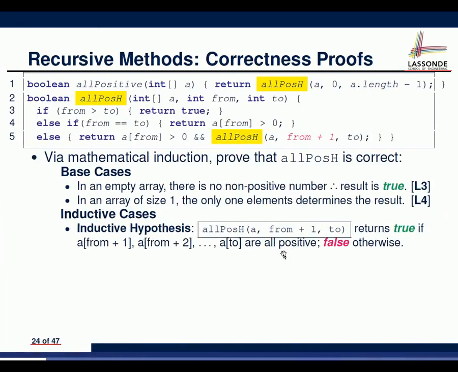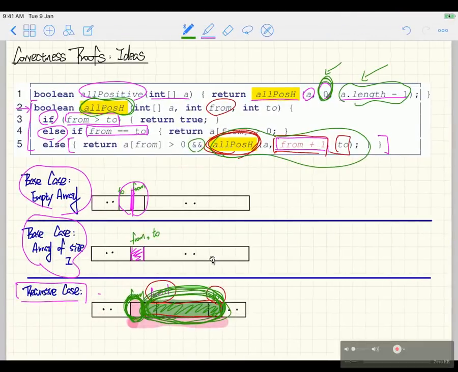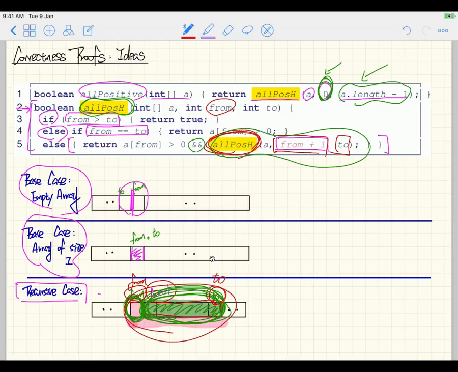Okay, you will see the proof in the slides. So now, when we got an array, let's say from to 2, right? So that's basically the array like here. Thinking this way, this is from, and this is 2. When we have this entire array to cover, all the numbers will be positive if the following is the case.